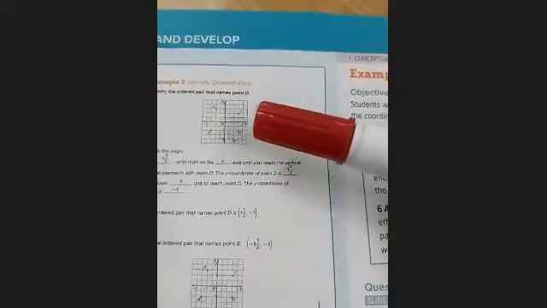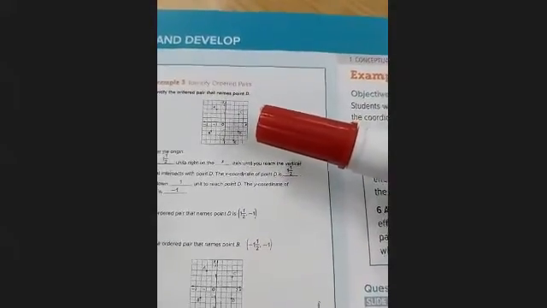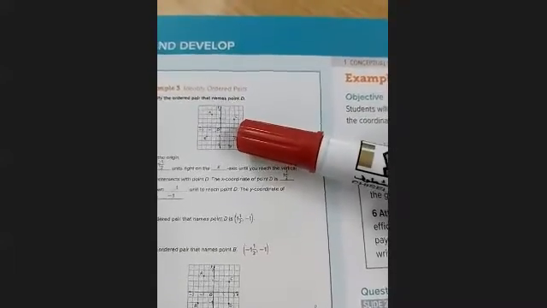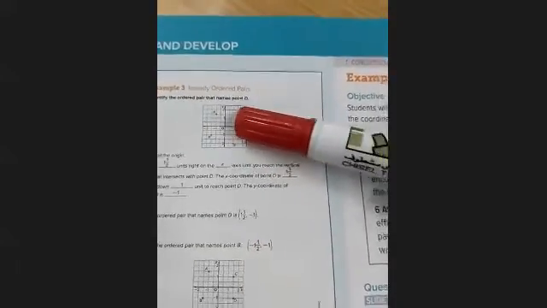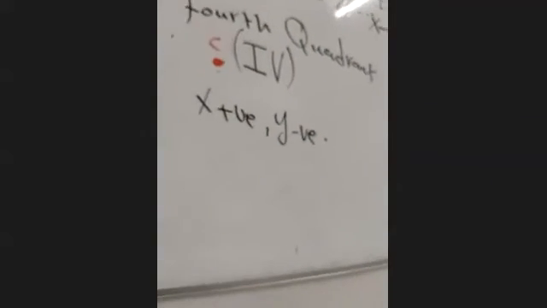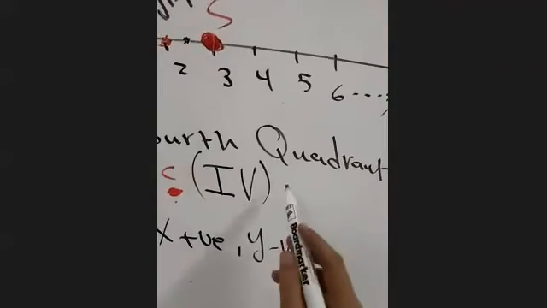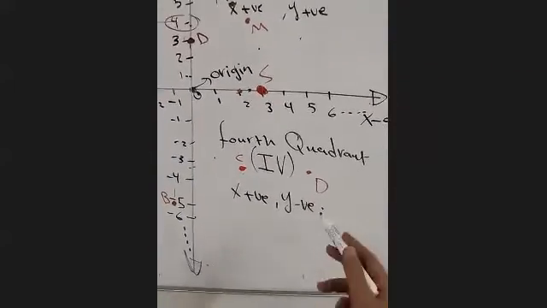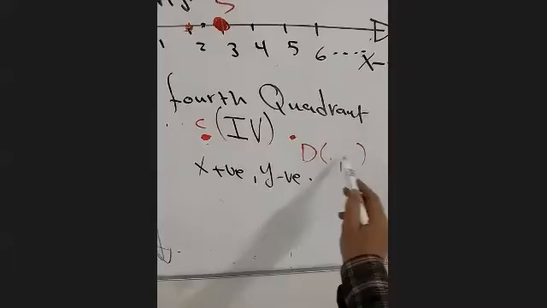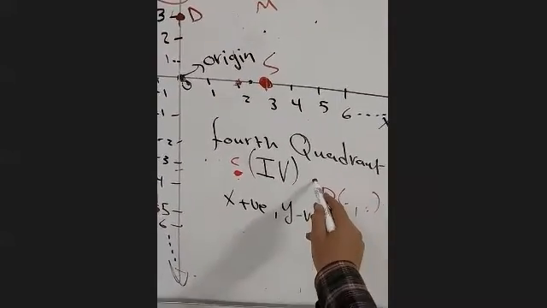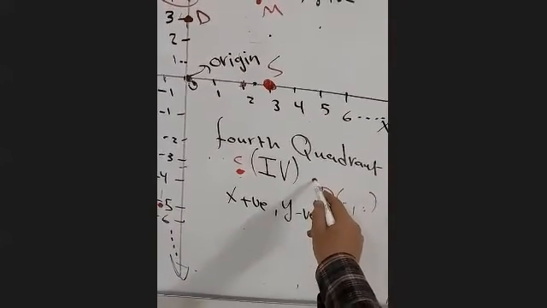Now, to identify the coordinate of point D, I need X and I need Y. What's X, guys? From D, we go up until we get the x-axis. Look at the board to understand. I need the two numbers of D. From D, first I get X, then I get Y, and not the opposite.